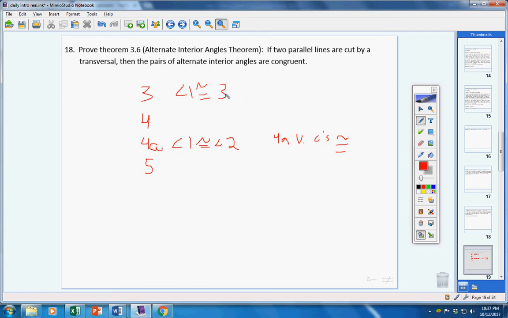You have 3's congruent to 1, right? 1's congruent to 2. So you can now state angle 3's congruent to angle 2. And that's exactly what you're trying to prove. And your reason would be transitive property of congruency. Because look, angle 3's congruent to 1, 1's congruent to 2, so 3 is congruent to 2.